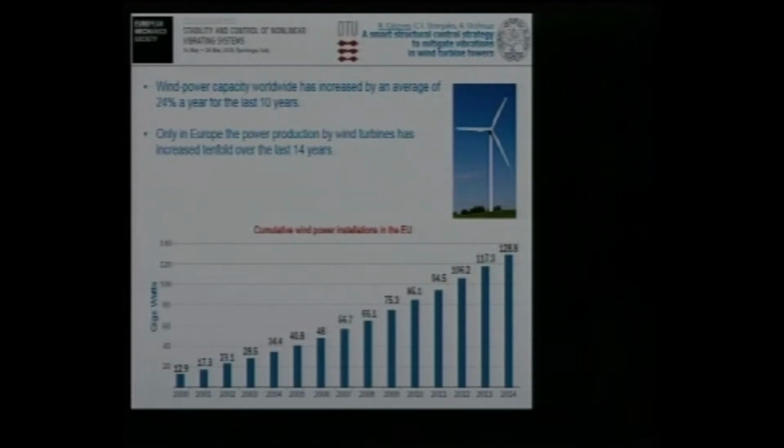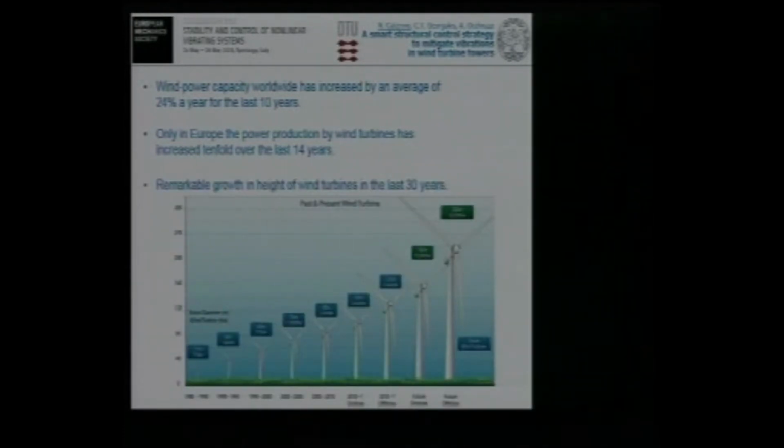As you know, wind power capacity worldwide has increased very much in the last years. And also the height of wind turbines has grown very, very quickly, from 70 meters on average in the 80s up to 125 meters in 2010.